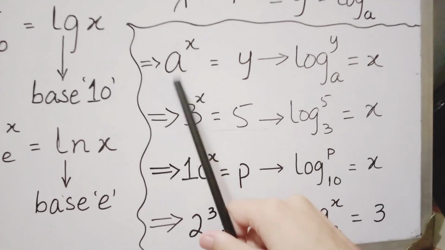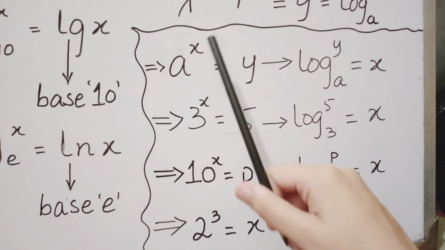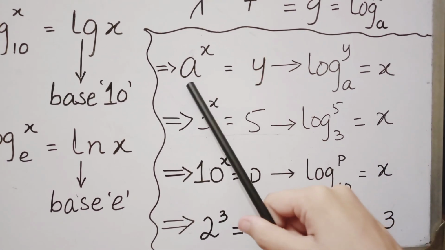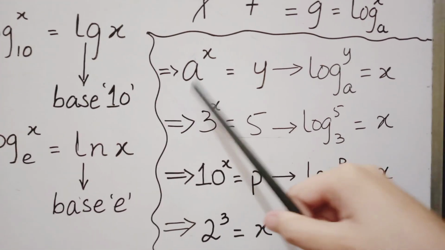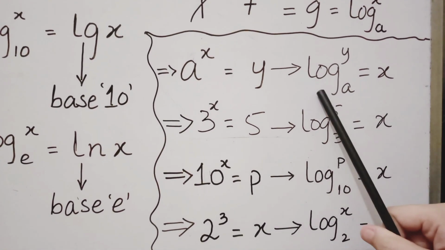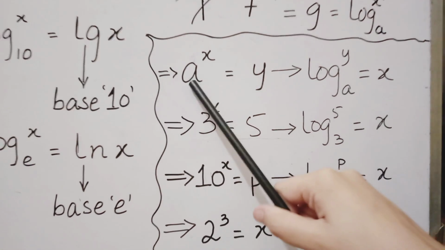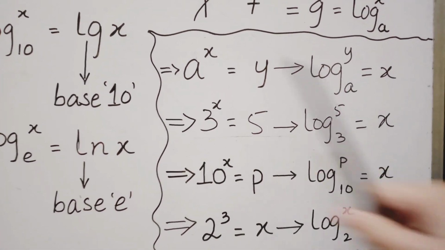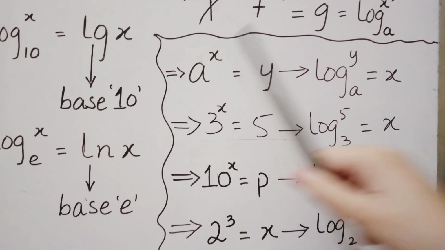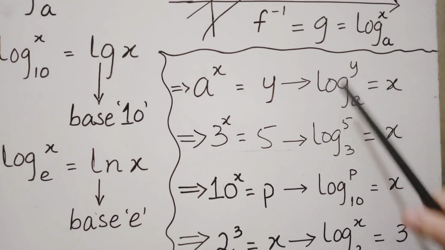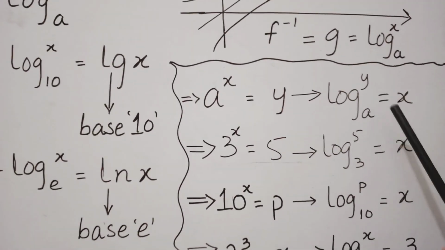So the base remains the same and x and y will interchange their positions. So now I am changing this exponential function into a logarithmic function. So log base a, here the base was a, the base will remain the same, x and y will change their positions, x will come to this side, y will go in the power. So this is changed into a logarithmic function.